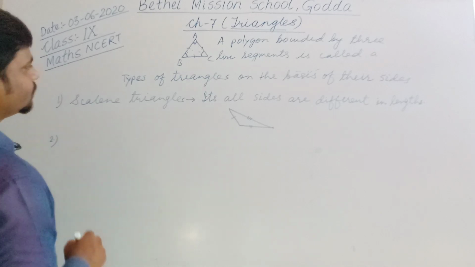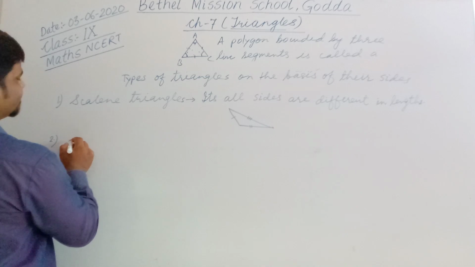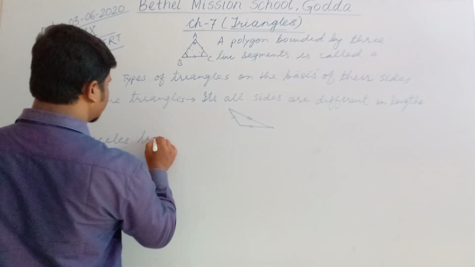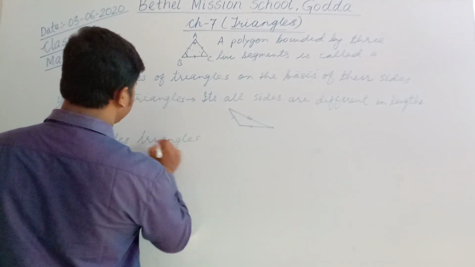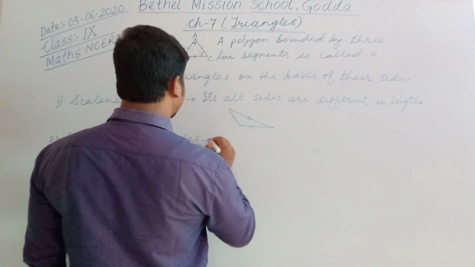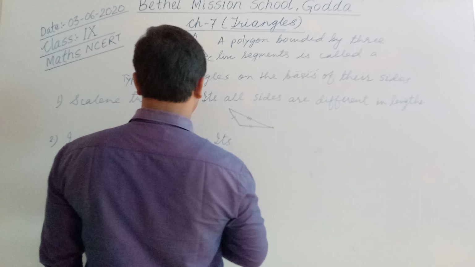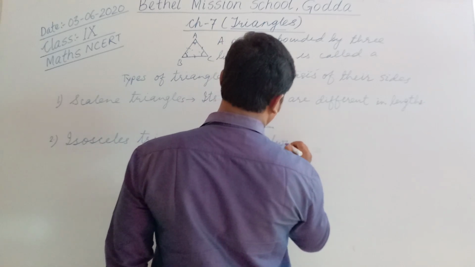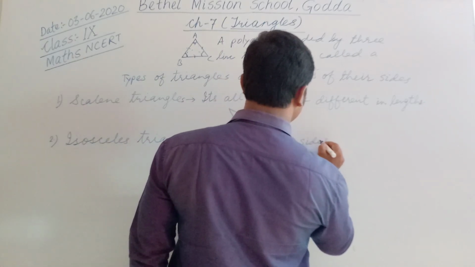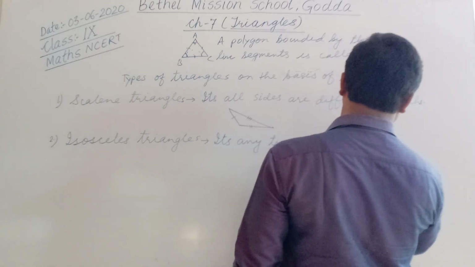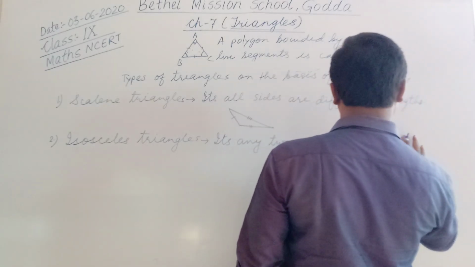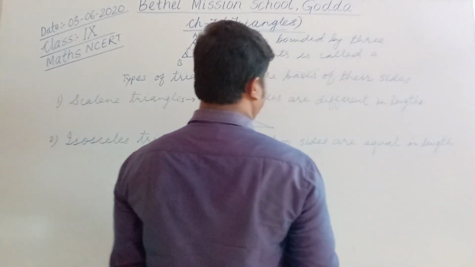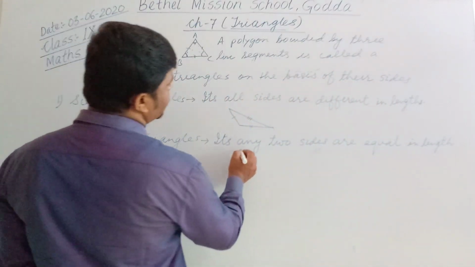Another is isosceles triangle. Isosceles triangle means any two sides are equal in length, means the length of any two sides are same.